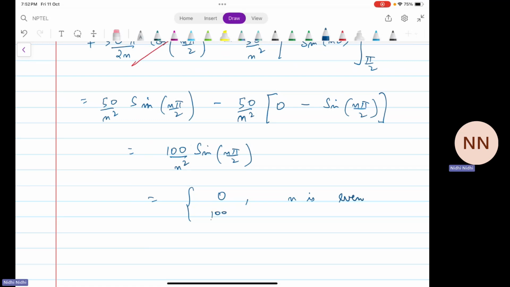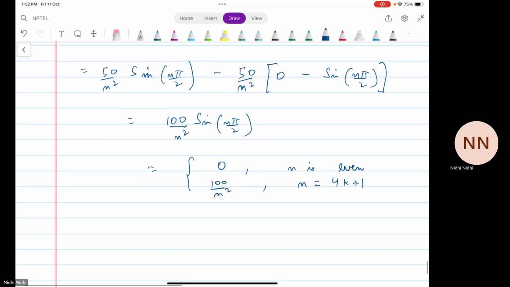This is 100 by n square if n is of the form 4k plus 1, and this is minus 100 by n square if n is of the form 4k plus 3.